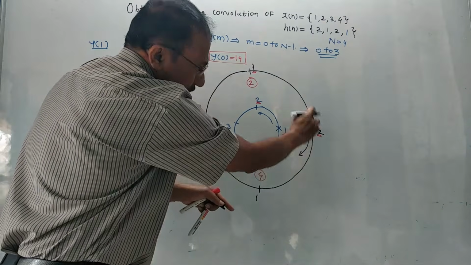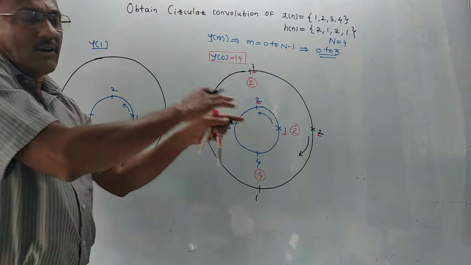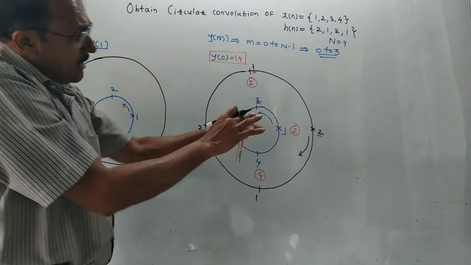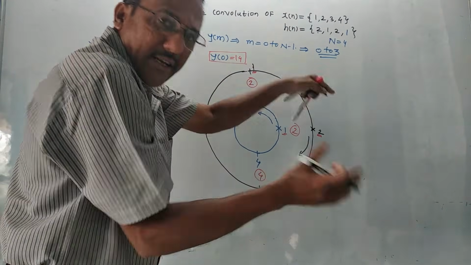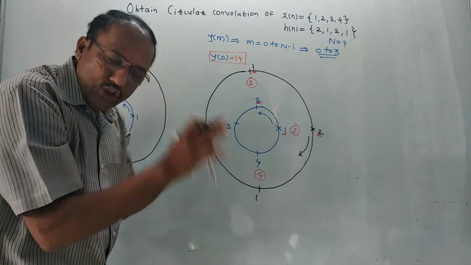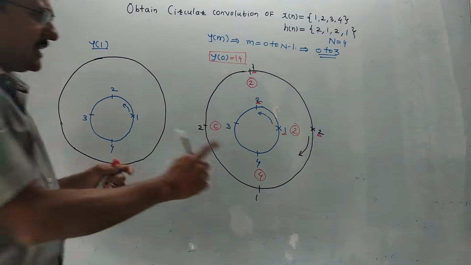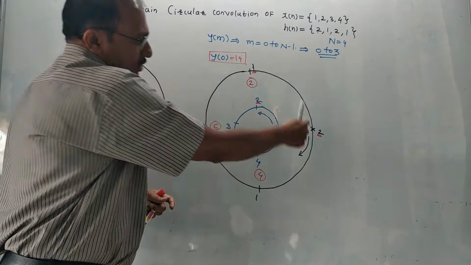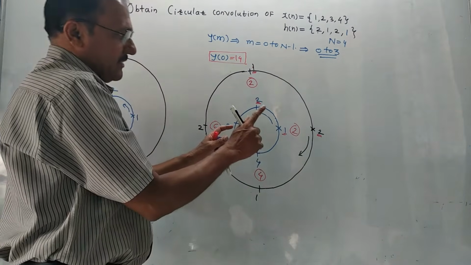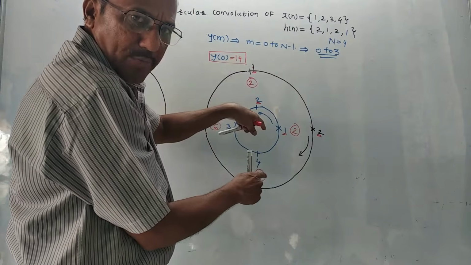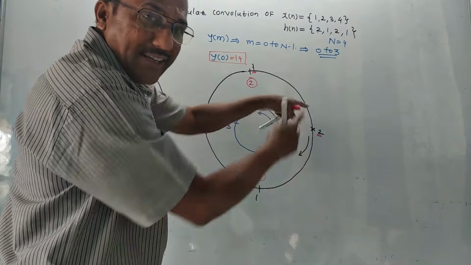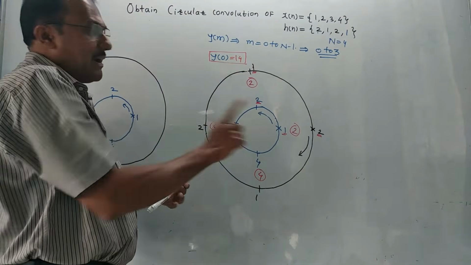The outer circle is for h of n, which we have plotted clockwise. Now forget it. Rotate the outer circle every time by one position in anti-clockwise direction. See, in the first step, x of n is anti-clockwise, h of n is clockwise. After that, every time keep x of n as it is, rotate h of n in anti-clockwise direction by one position.